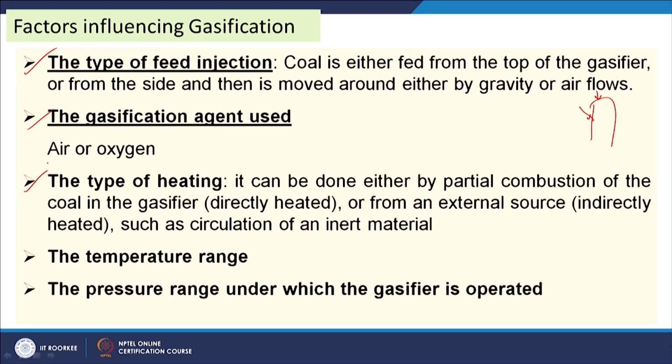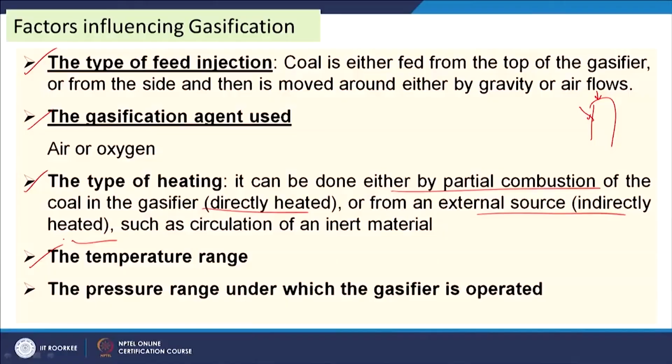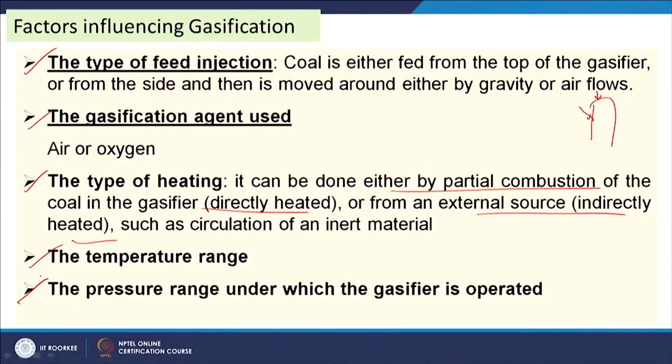The type of heating: it can be done either by partial combustion of the coal in the gasifier directly, or from an external source, so indirect heating is also possible. In both cases, efficiency will change. And the temperature range at which we operate the gasification reactor will also influence the performance, as will the pressure range under which the gasifiers are operated.